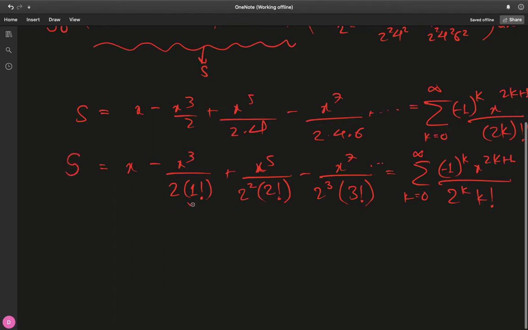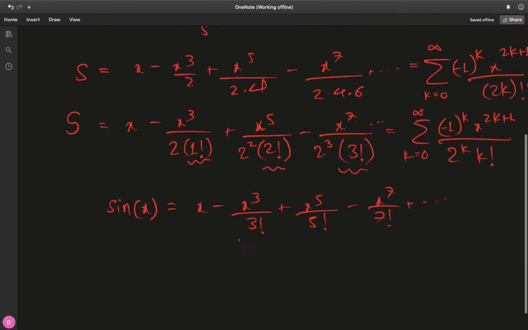Now noticing the factorials we have here, this might remind you of some Taylor series. Well, to be precise, three Taylor series. Those were the sine of x: x minus x cubed over 3 factorial plus x to the 5th over 5 factorial minus x to the 7th over 7 factorial, and that goes on till infinity.